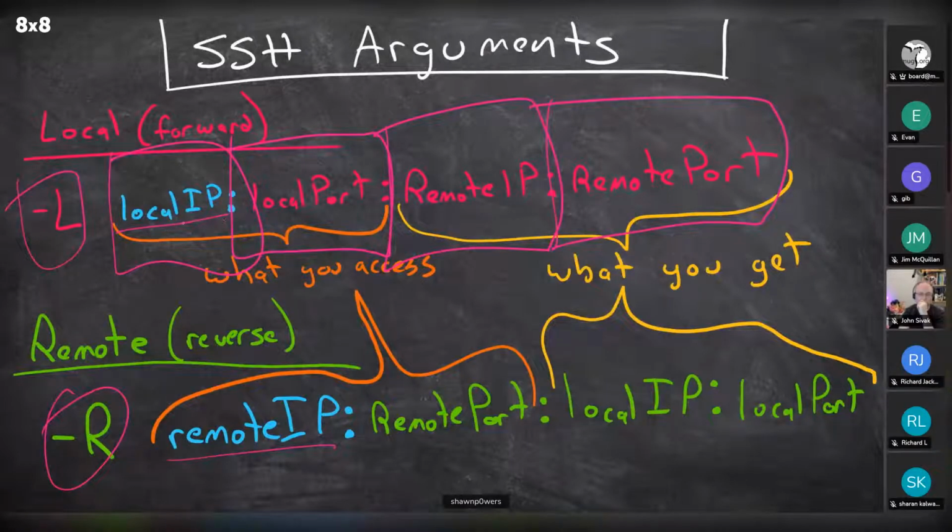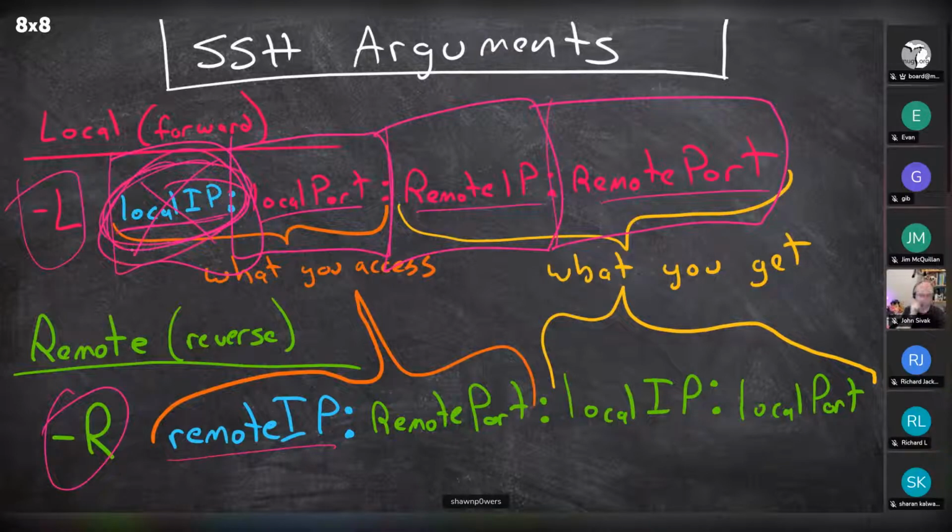So if you don't put an IP address and a colon, you can just leave this off. You'll often see people specify tunnels where it starts with a port, colon, the remote IP, colon, the remote port. That just means that they left this off, and it's just going to be listening on the local computer's 127.0.0.1.